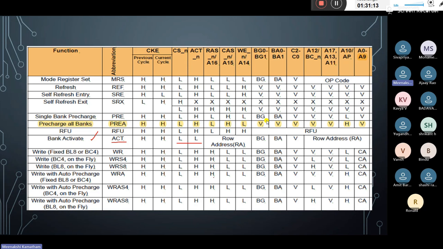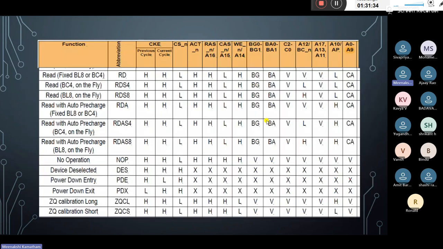So for that they are selecting row address strobe only, and they are loading these column address strobe and write enable, and selecting bank and bank group, and here using auto precharge high because I am writing with auto precharge. So for that this command should be high. So we have to know which signal is high, which signal is low to perform these functions.